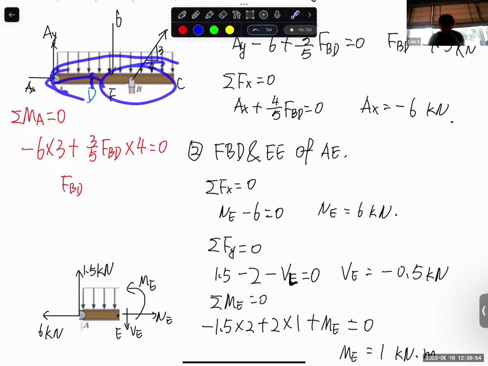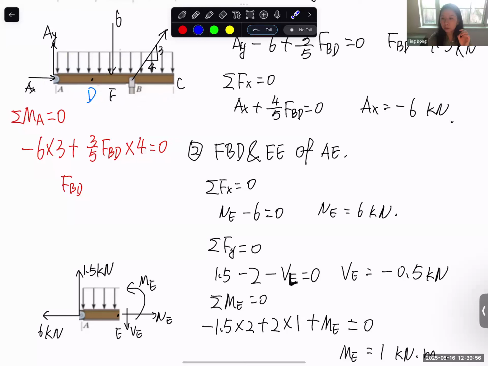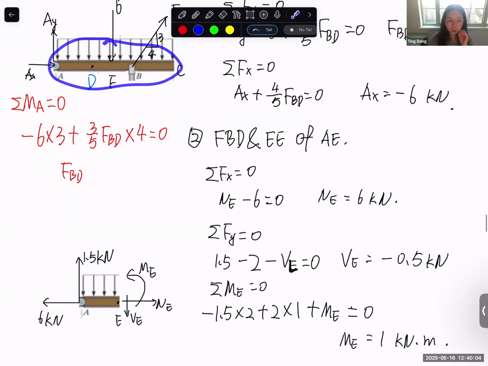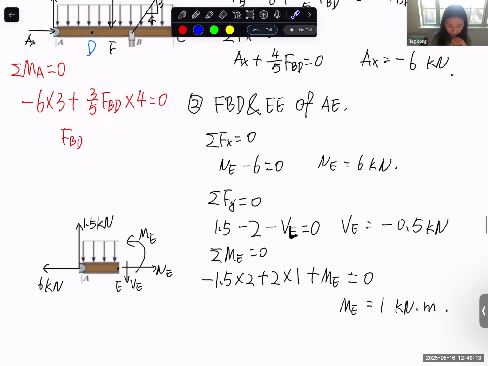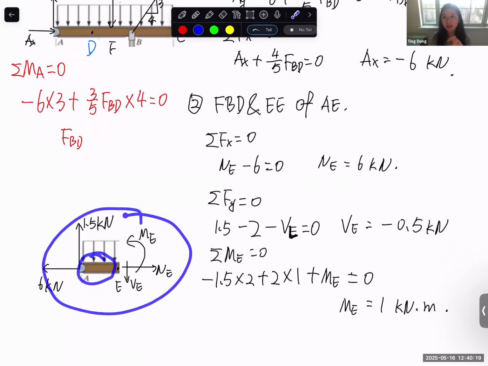And when we consider the entire section, yes, of course, there are the internal forces. But when we do the free body diagram of a single section, no matter if it's the AE section or the EC section, for this section itself, all the forces here we can consider as externally applied forces to this specific section.